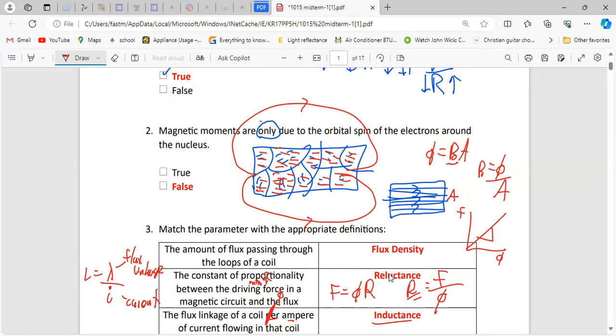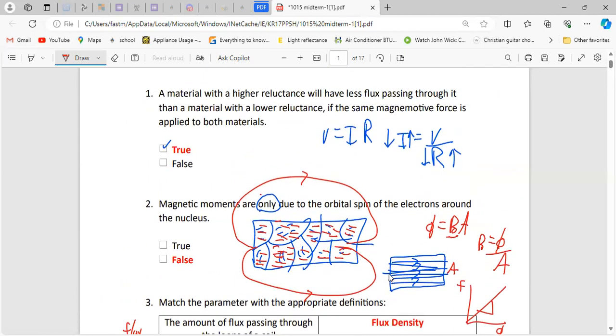There are different types of material, and you can always Google it. The most popular one is ferro. What ferro means is that it has some magnetic material that once you put it in a magnetic field, all the domains will align. And if you remove that magnetic field, it will just stay aligned, a permanent magnet forever.